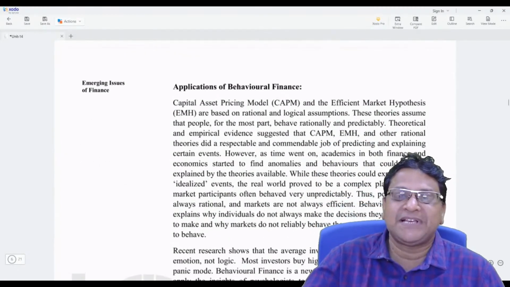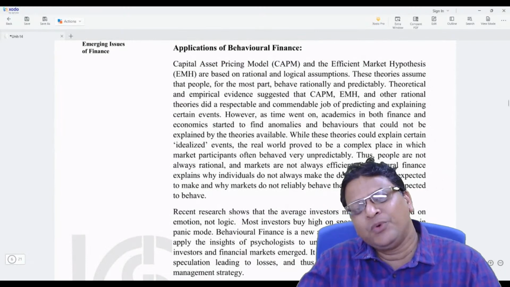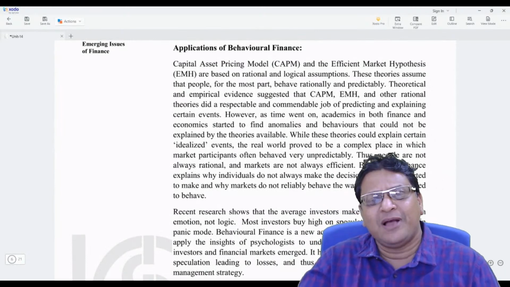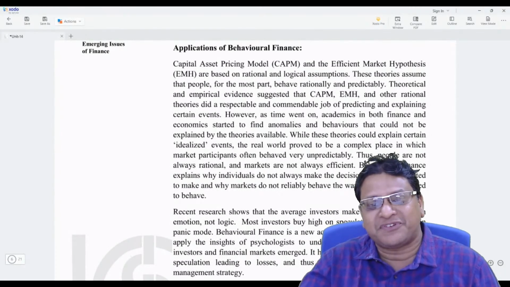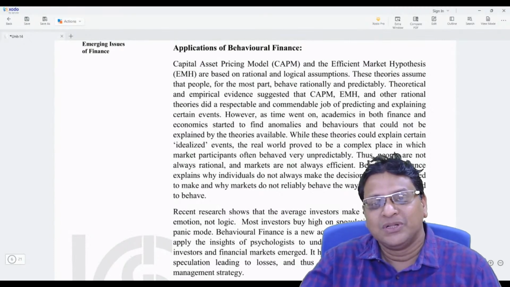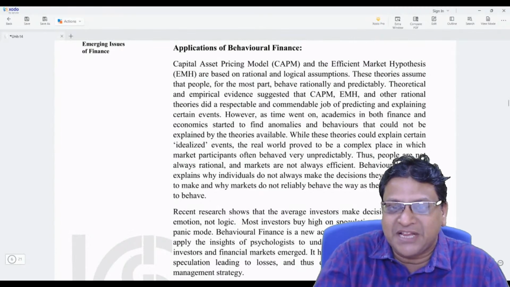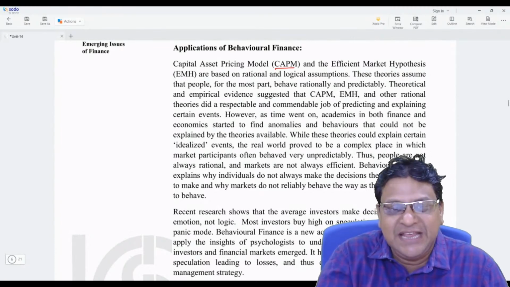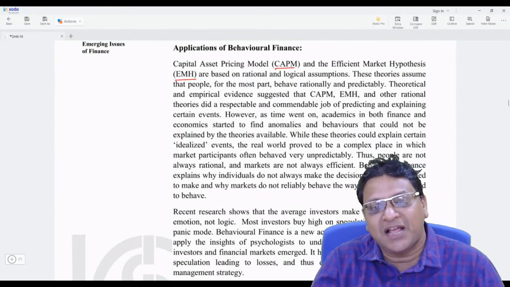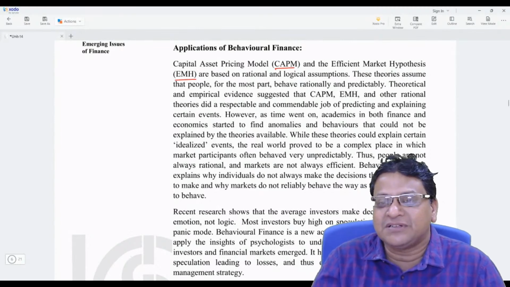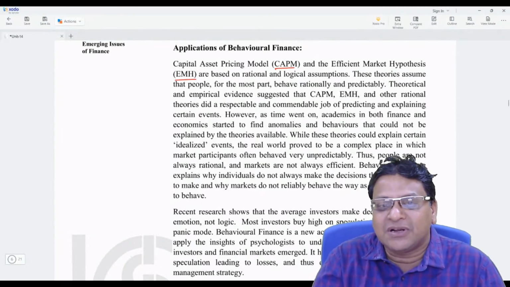Next, what is the application of behavioral finance? We know that traditionally we have read many theories of traditional finance, such as CAPM. We have studied the capital asset pricing model. We have studied the EMH, that is the efficient market hypothesis, and many others, such as Markowitz theories.